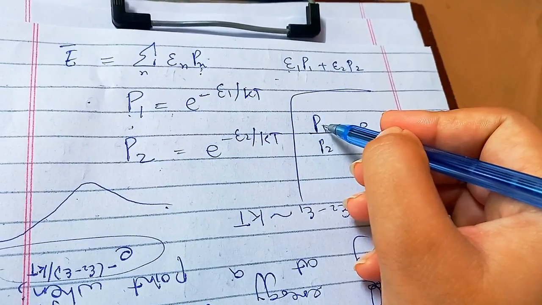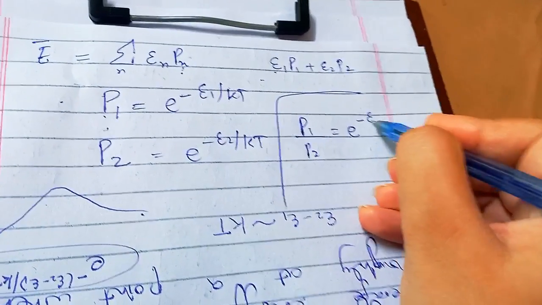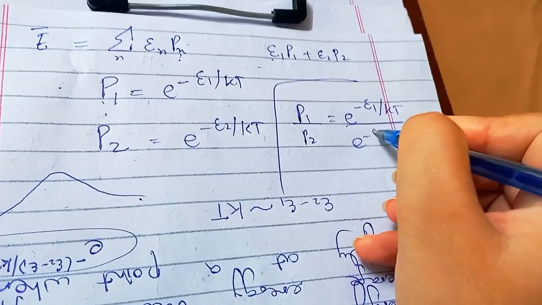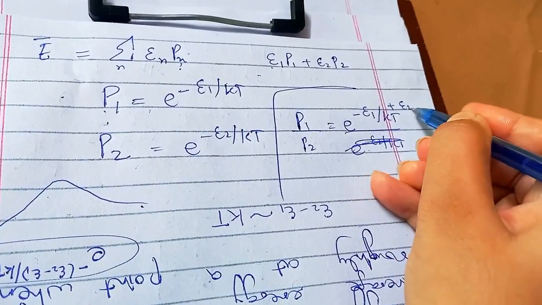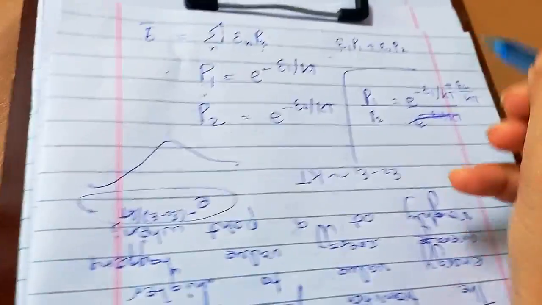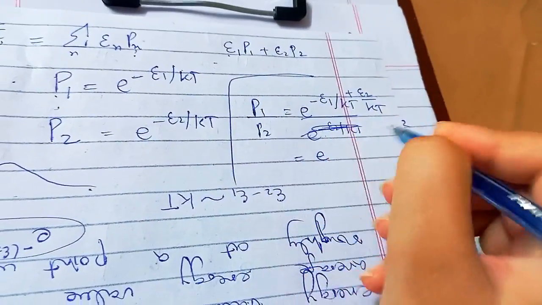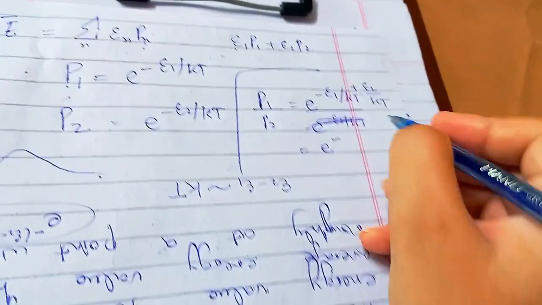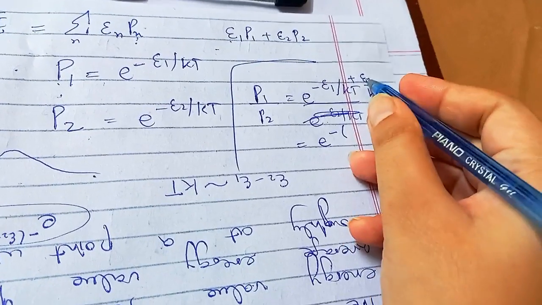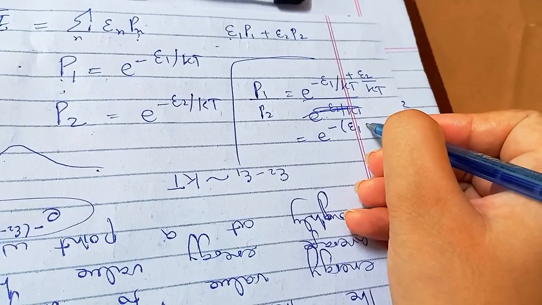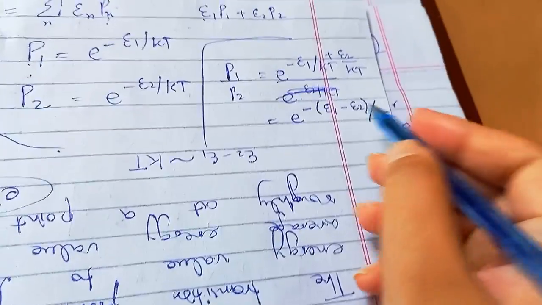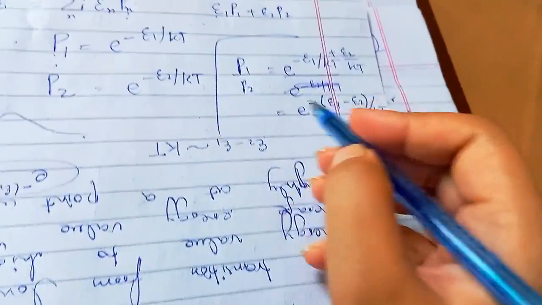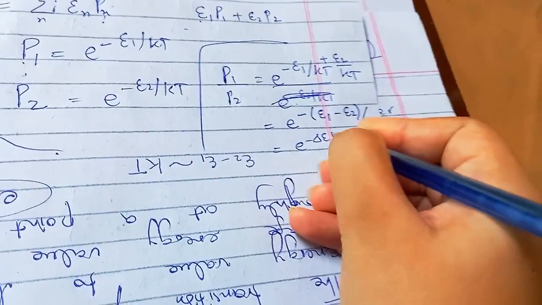For this, I'm just dividing P1 by P2, and we have e to the power minus E1 by kT divided by e to the power minus E2 by kT, and we can take this term into the numerator so that it becomes a positive power, and we can convert them into a Boltzmann factor form by taking minus common, and we have E1 minus E2 by kT. This is actually delta E by kT.